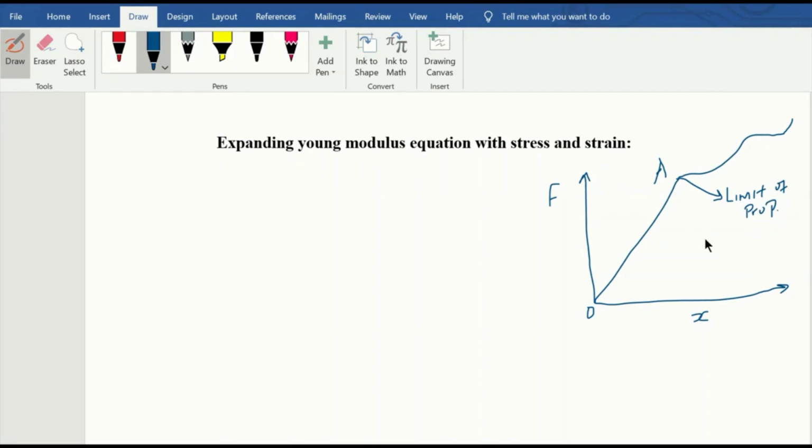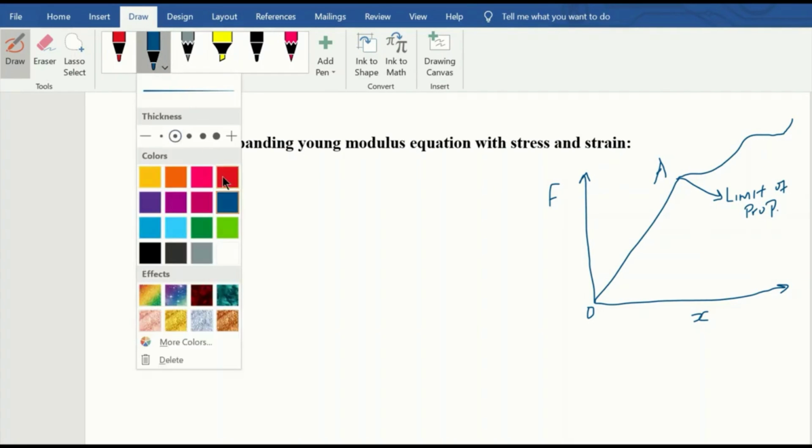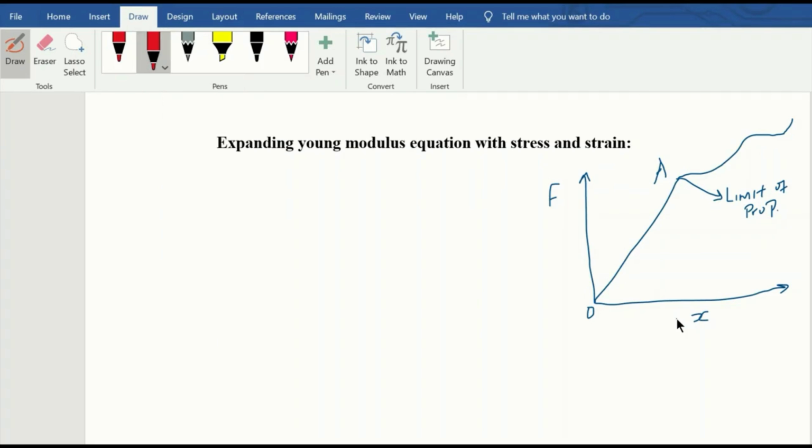Now, from this graph, we can find the gradient. The reason we have to find the gradient of this graph is that sometimes we'll be given a table of values and we'll be asked to find the Young modulus. So we can take our gradients from any point on this graph.